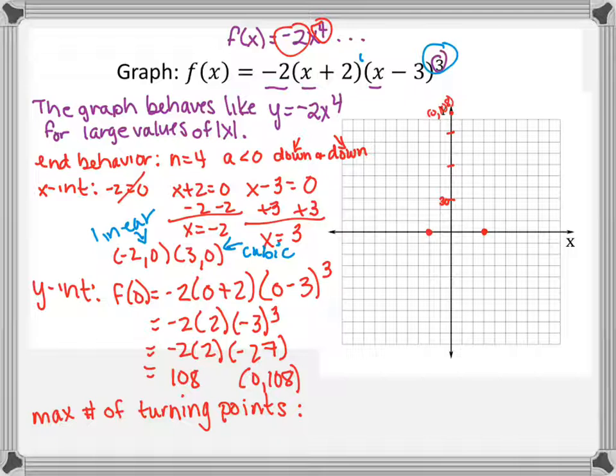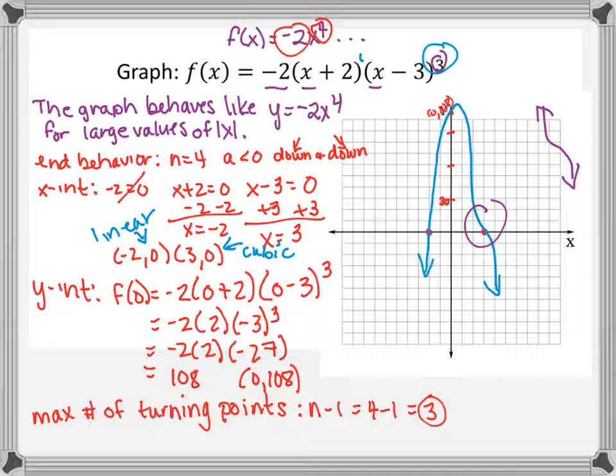The maximum number of turning points is n minus 1, which is 4 minus 1, or 3 here. So let's try to draw our graph. We know that it goes through (-2, 0). It does have a y-intercept, and at (3, 0), it behaves like a cubic.